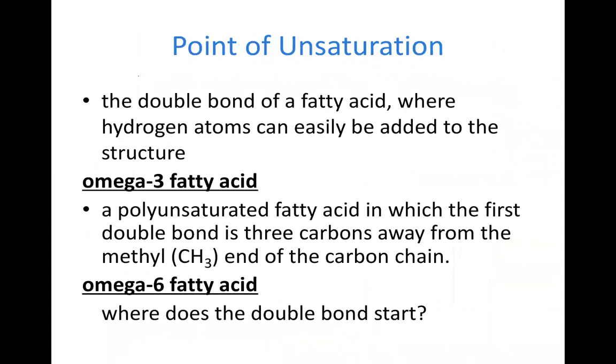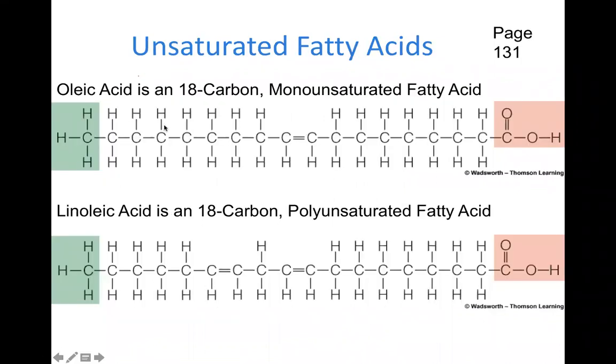The point of unsaturation is the place where the very first double bond occurs. So if we actually go back to this slide, you could count how many carbons before the first double bond. So in the bottom picture, you have 1, 2, 3, 4, 5, 6 carbons before you see the first double bond. And so this bottom fatty acid is actually what's called an omega-6 fatty acid.